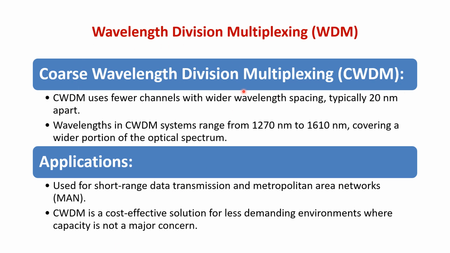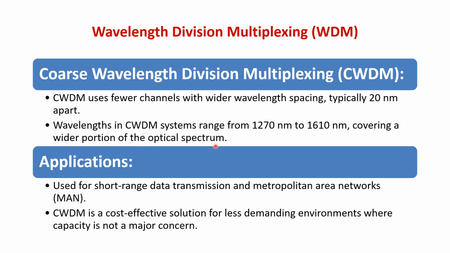Coarse wavelength division multiplexing, or CWDM, uses wider spacing between channels, typically around 20 nanometers apart. This wider spacing makes the system less precise in wavelength control and makes it easier to implement.